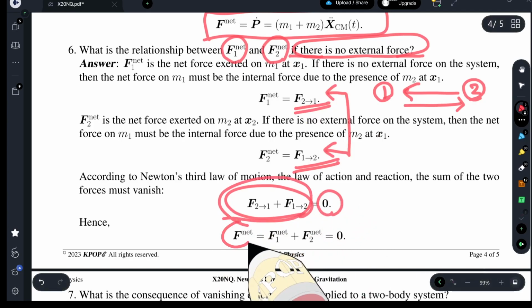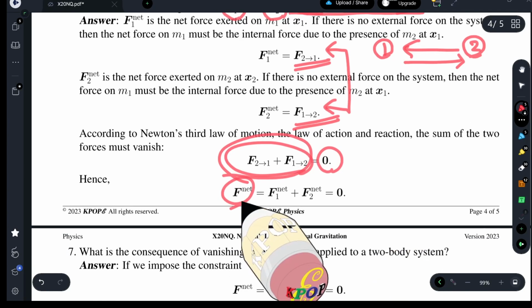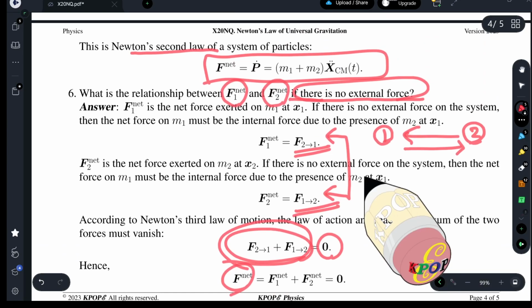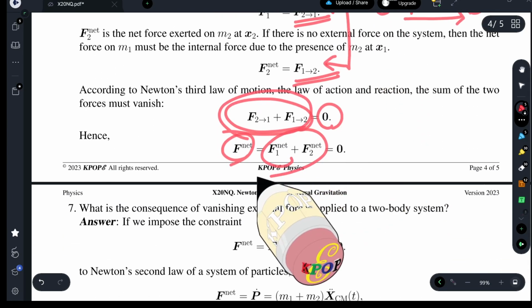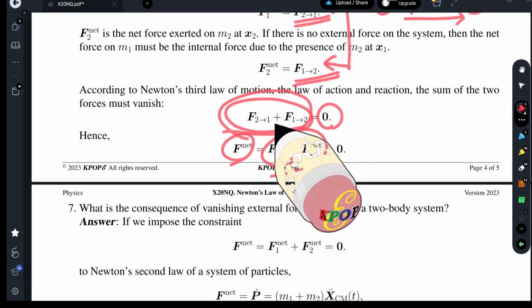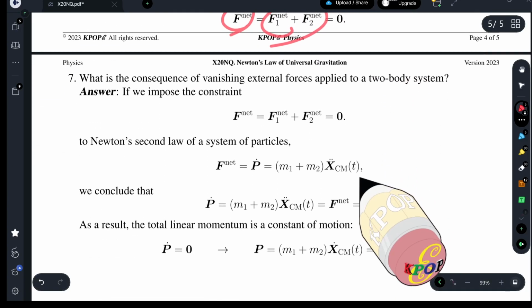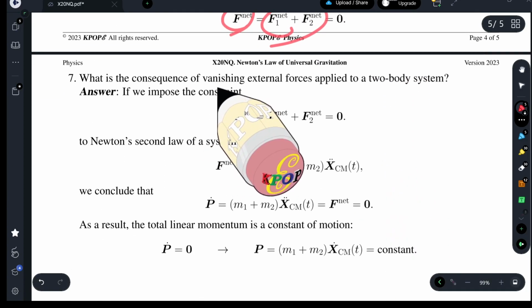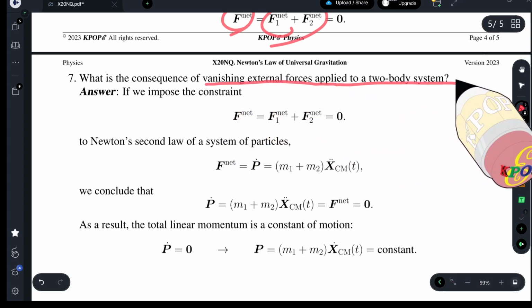So the net force applied to the whole system, because there is no external force, is the sum of the internal forces, which is zero according to Newton's third law. So what is the consequence of vanishing external forces applied to a two-body system?